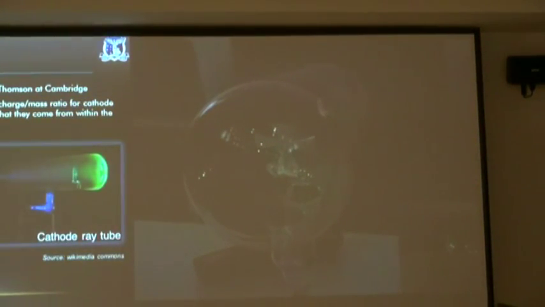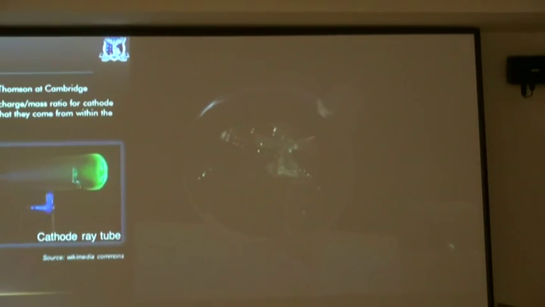But what Thomson discovered was that there was common behaviour of the subatomic particles that seem to be generated by hot filaments, by the light, the things that were generating the light coming from red hot metals, and the conduction of current through wires. And one of Thomson's famous experiments is this one right here.